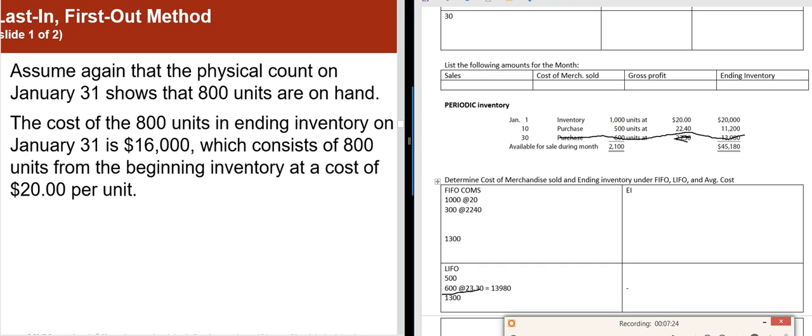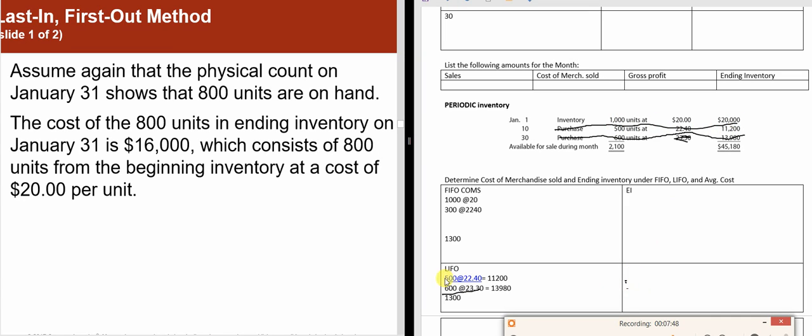Well, 500 plus 600 isn't 1,300 yet, so I'm still good. So I have my 500 at 2240, and that equals 11,200. Okay, and again, I've wiped out this layer, so I can cross that off. So I don't have anything over there for it either.